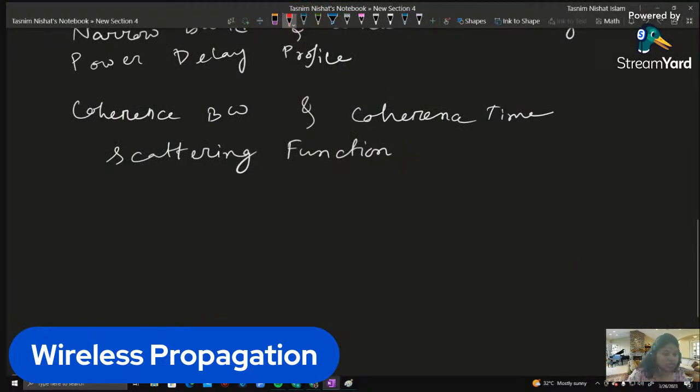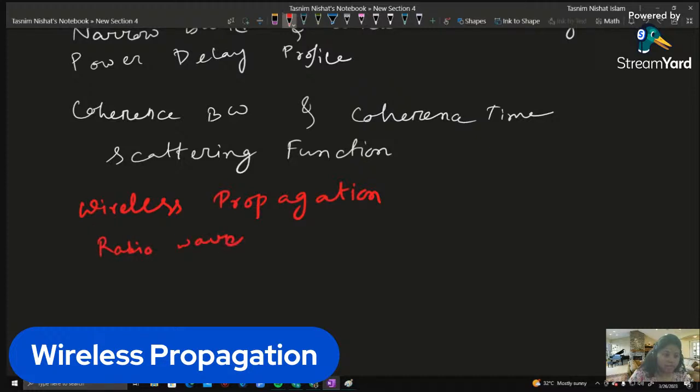First, the intro of wireless propagation. When we propagate a signal, radio wave propagation particularly, radio wave has mainly three attributes.